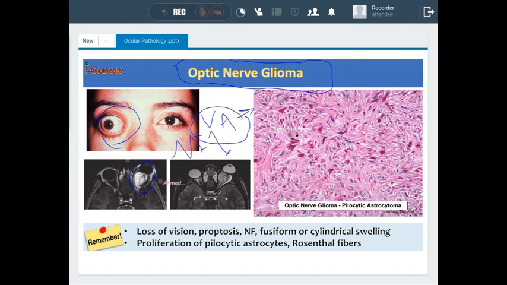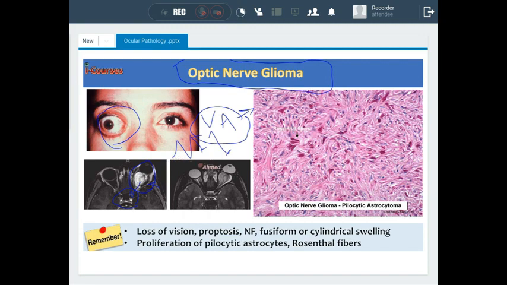However, if the tumor shows intracranial extension, we may consider surgical excision through an intracranial approach to prevent chiasmal involvement, or if it is near the chiasma, we may consider radiation to stop the progression of this tumor.